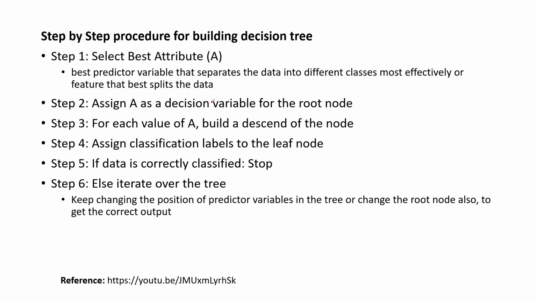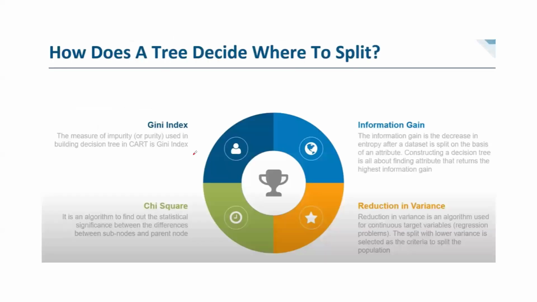After we select the best node as the root node, we start to build our intermediary nodes, and the leaf nodes are assigned. If the data is correctly classified, we can stop. If it is not classified correctly, then we have to iterate the tree once more by changing the decision of the root node or the predictor variables.